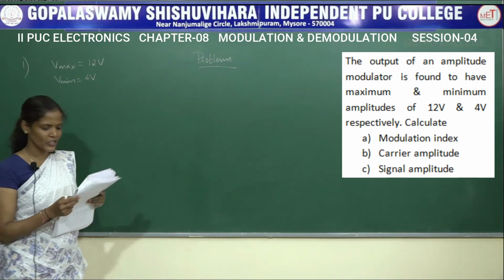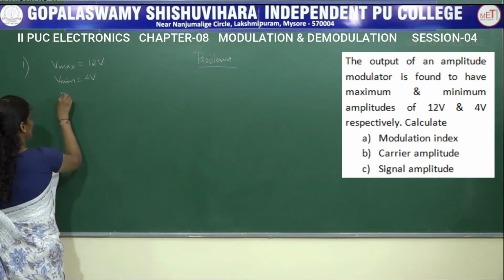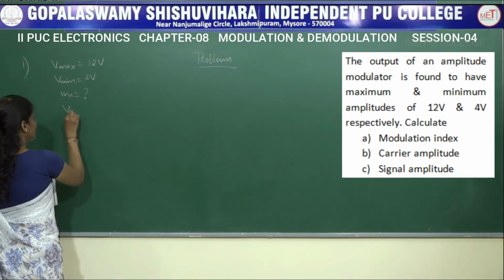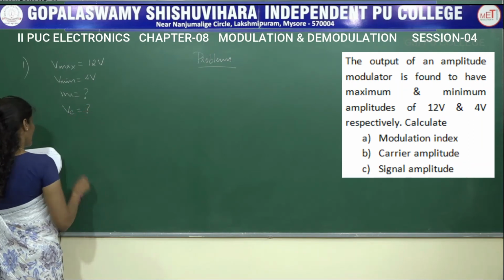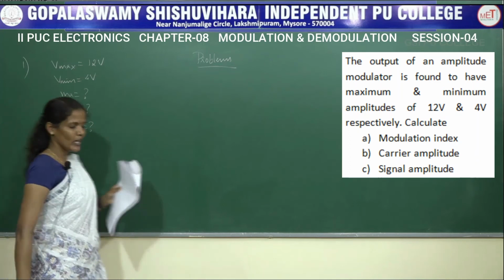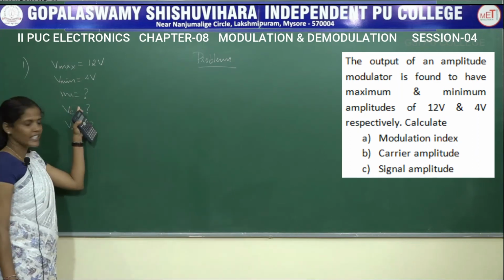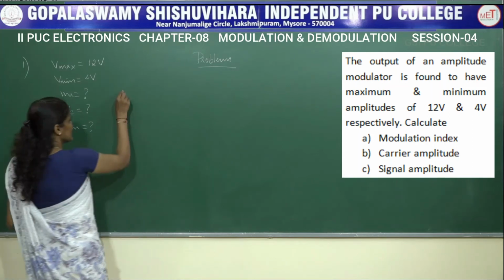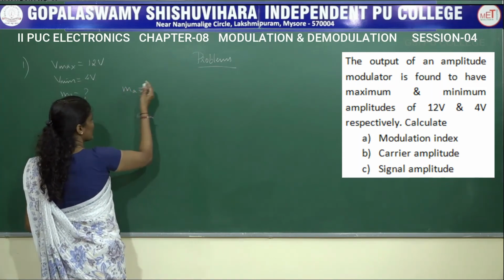Calculate the modulation index. Modulation index, that is MA, the carrier amplitude, that is VC, and the signal amplitude, that is Vm. You have to find out the modulation index MA, carrier amplitude and the signal amplitude. Just now we derived an expression for MA.